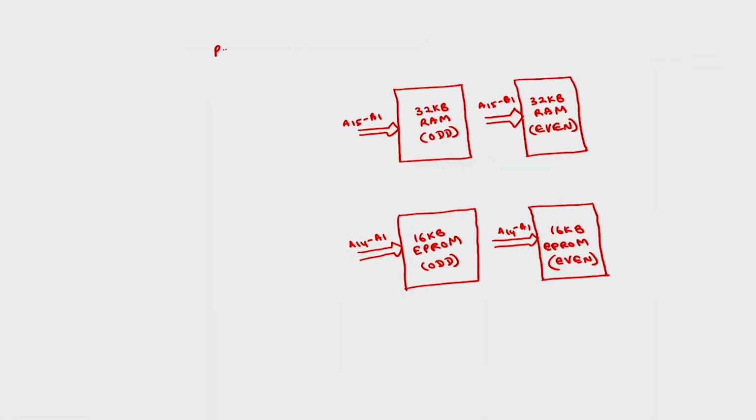P is 0 for all the RAM locations, and C is 0 for EPROM locations. Now how to select the chip selects of these 4 ICs?